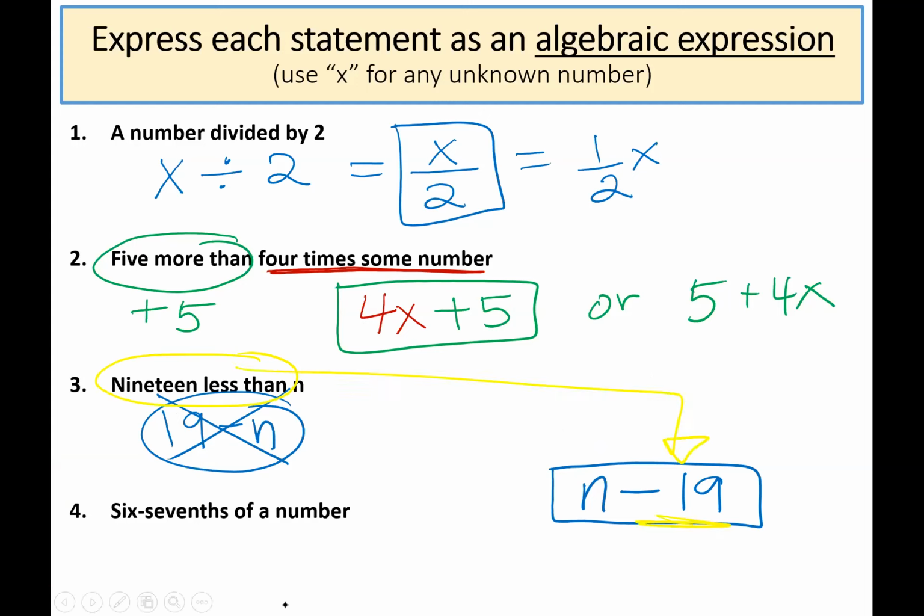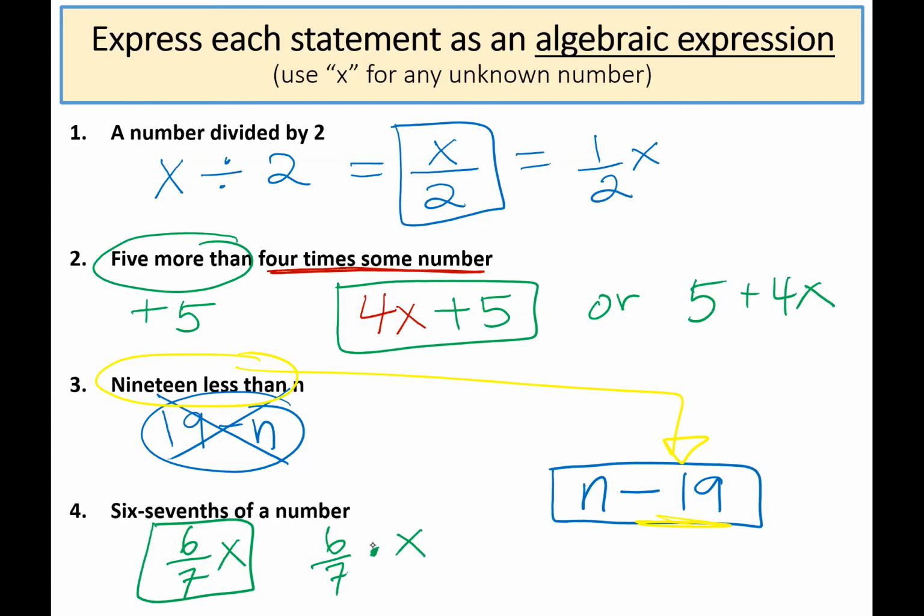Okay. Number 4, 6/7 of a number. 6/7, you can write that as a fraction. Of is times, and then a number can be x. So 6/7 x would be one way to write that answer. You could write 6/7 times x, write a little dot in between, but there's not really any need to do that.